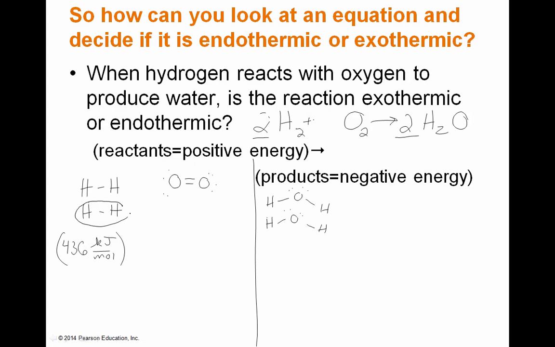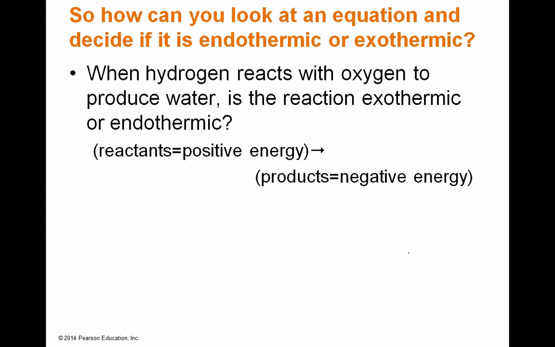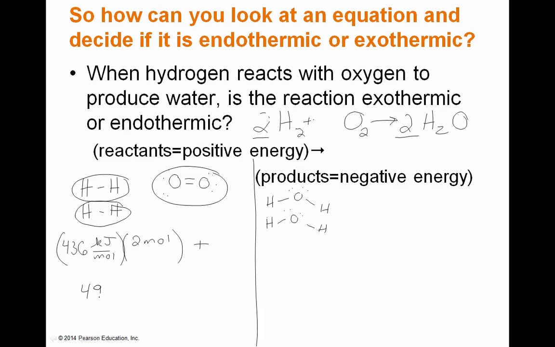We have 2 hydrogen to hydrogen bonds, so we multiply that by 2 moles. Plus, now we've got 1 oxygen to oxygen double bond. Come back to our table, 498 kilojoules per mole, times 1 mole, because we only have 1 of them.